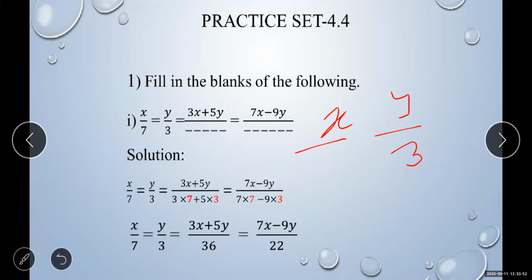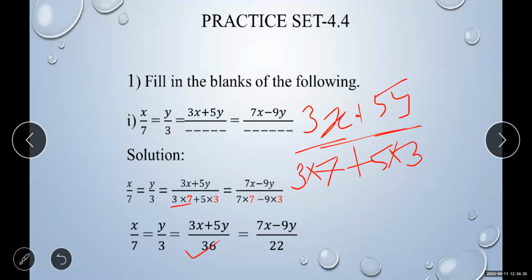As x is multiplied by 3, 7 is also multiplied by 3. As y is multiplied by 5, this 3 is also multiplied by 5. Now 3 into 7 is 21. Addition is there in the numerator, so the denominator also has addition. So what will you get? 3x plus 5y upon 3 into 7 plus 5 into 3. So what is that? 21 plus 15. So it is 36.